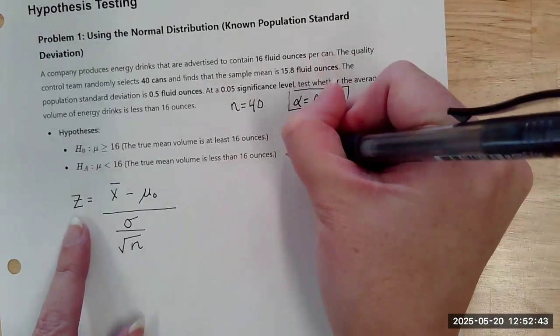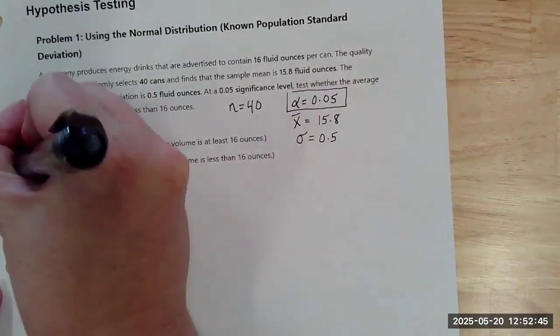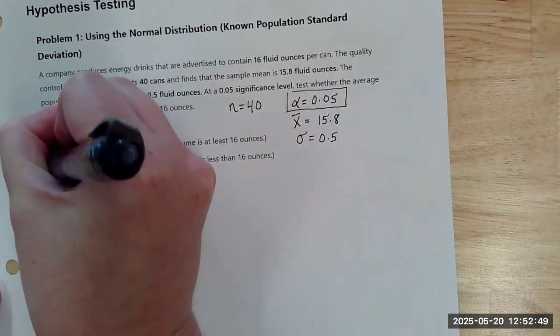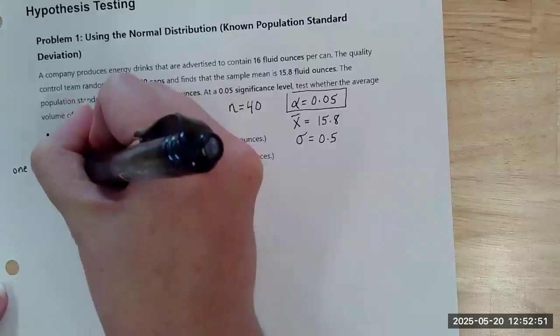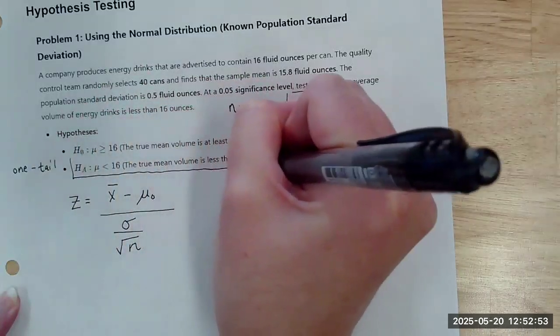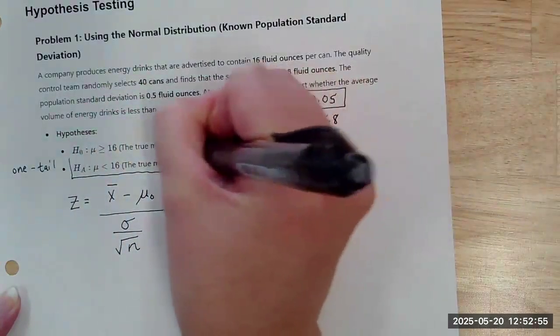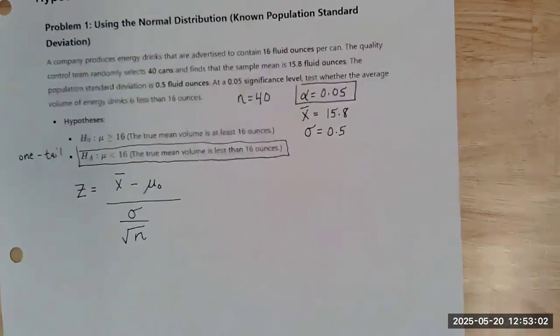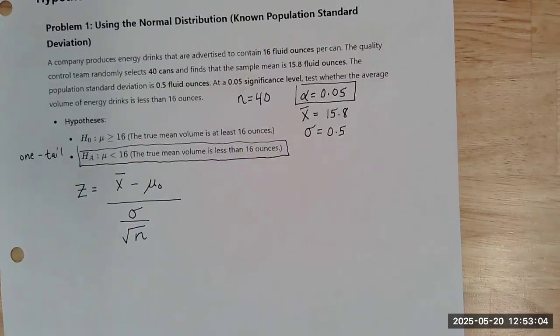So I'm going to write it over here: because it's a one-tail test, we're not going to do z alpha over 2. Just the z.